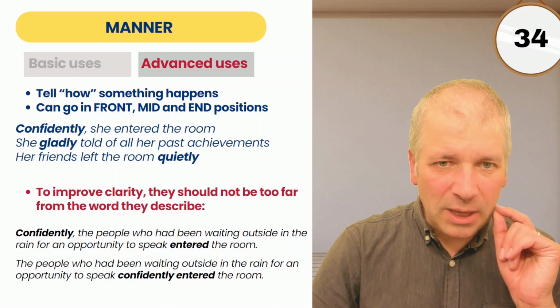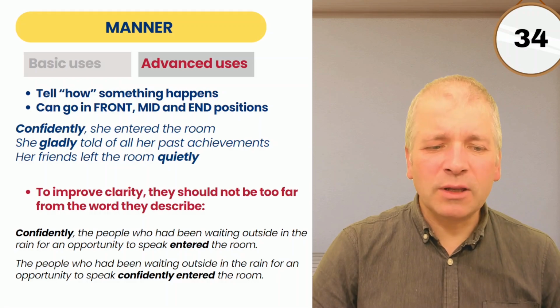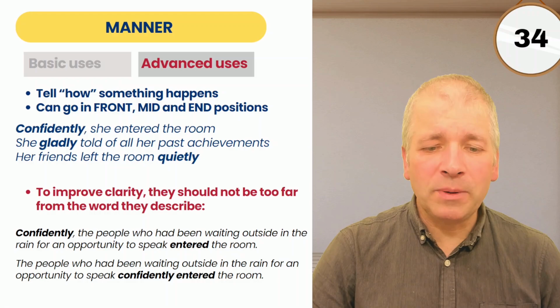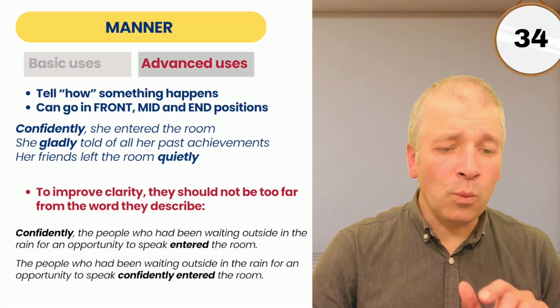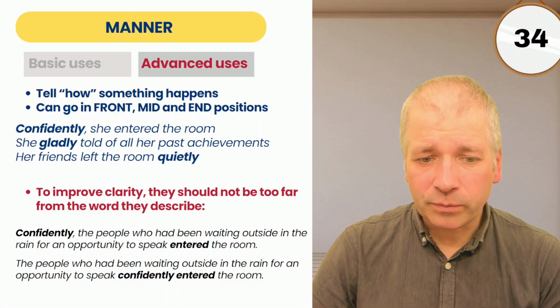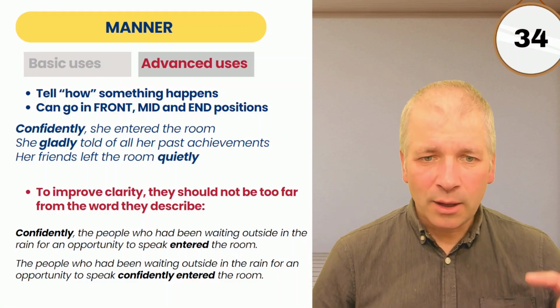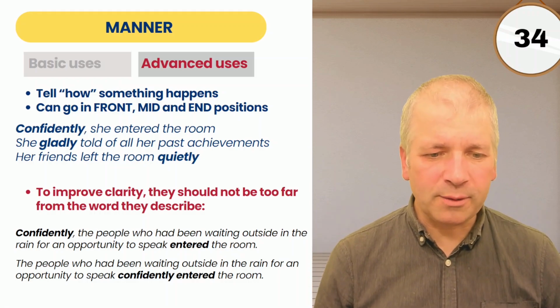One thing to be aware of is that to improve clarity, adverbs should not be too far from the word they describe. So look at the two alternative sentences at the bottom here. Think for yourself which one works better.